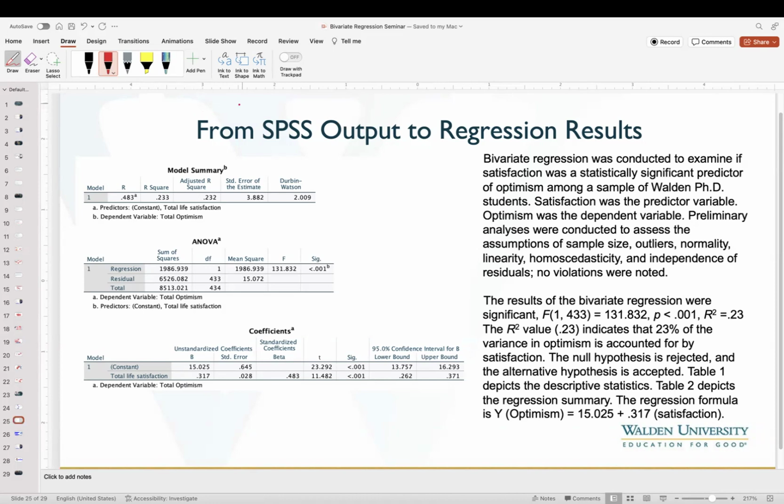The first thing you want to know is, is that variable a significant predictor of life satisfaction? Where you find that information is in the ANOVA table, okay? And in the Sig column. Does optimism significantly predict life satisfaction? You tell me.